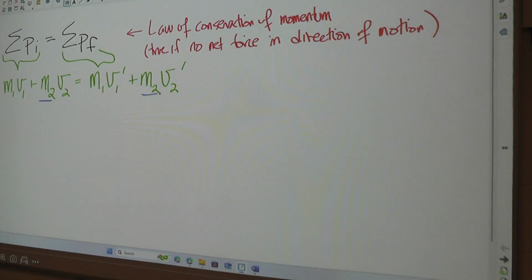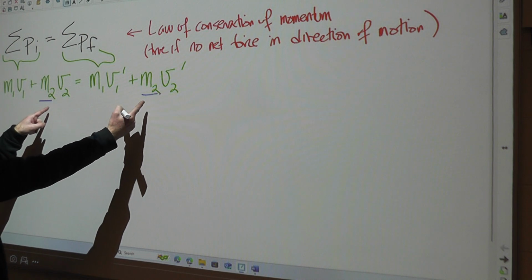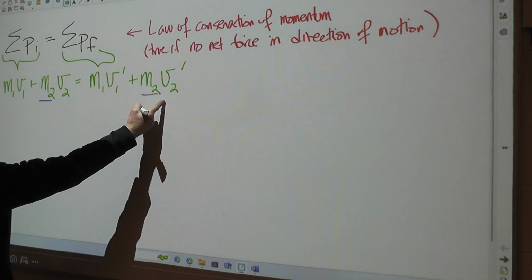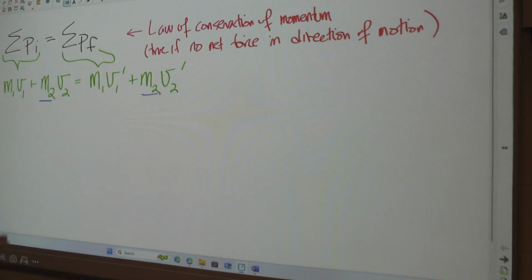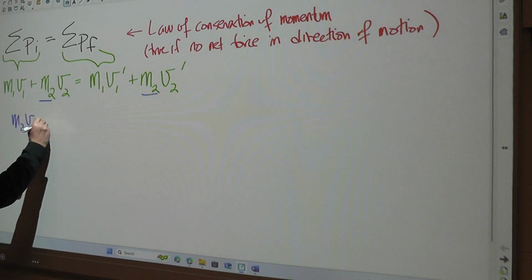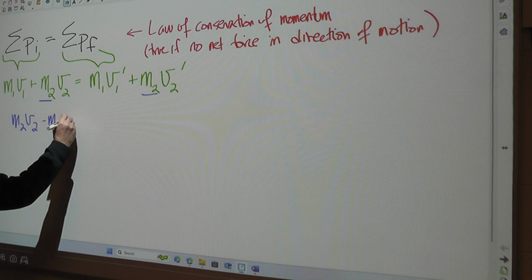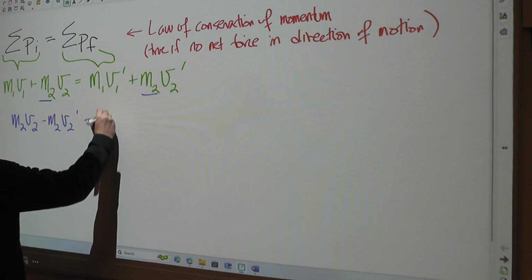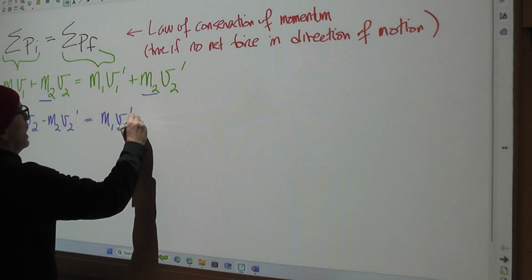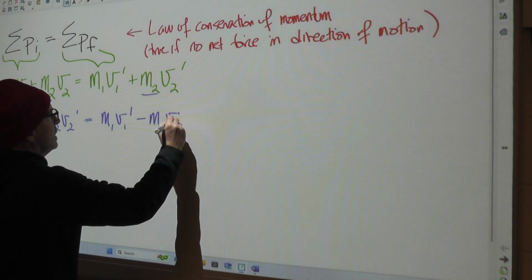Here's where the algebra comes in. And again, if you're in AP Physics, you better be able to do this. If you're not in AP Physics, then you don't need to be able to do this. So to get our M2s on one side, I'm going to subtract M2 V2 prime. I'm going to subtract M1 V1, and I get M2 V2 minus M2 V2 prime equals M1 V1 prime minus M1 V1.